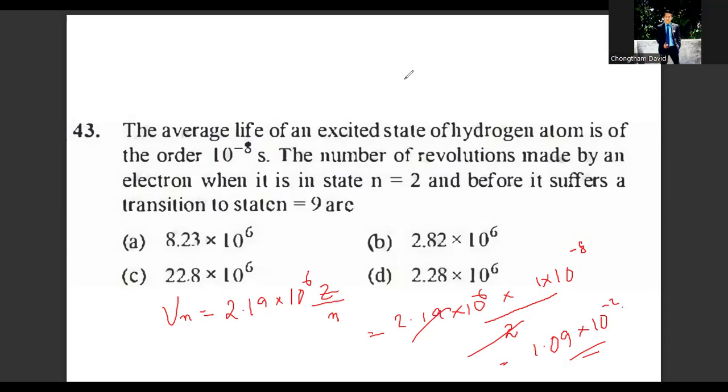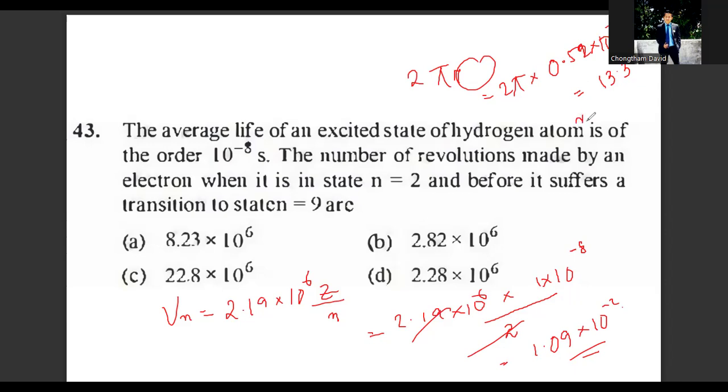So you know circumference is given by twice pi r, right? So what is this r? You have just calculated it: twice pi into Bohr's orbit, 0.529 into 10 to the power minus 1 nanometer, and 2 squared, because it is for principal quantum number 2. So it gives approximately 13.3 into 10 to the power minus 10.